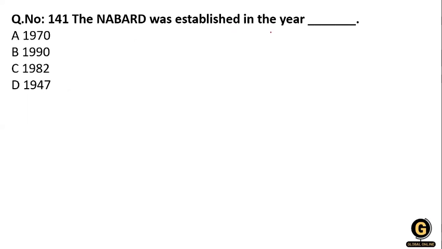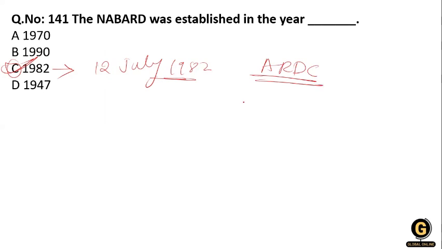The next question, NABARD was established in the year. I have already told you in the last video that NABARD was established in 1982, on the 12th of July 1982. What did they do? They transferred the agriculture credit function of RBI and the refinance function to them, and ARDC.